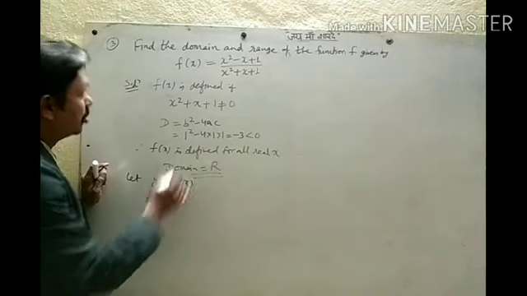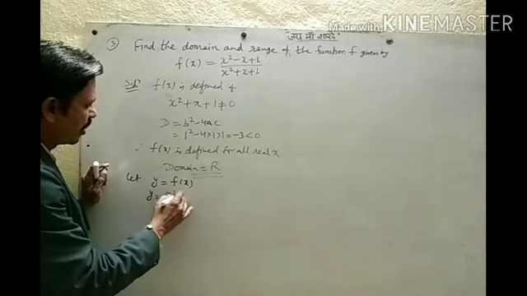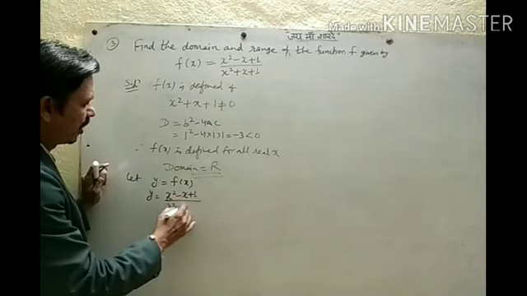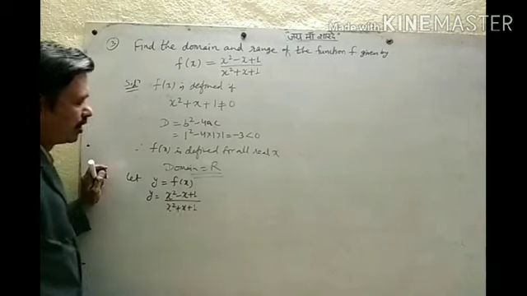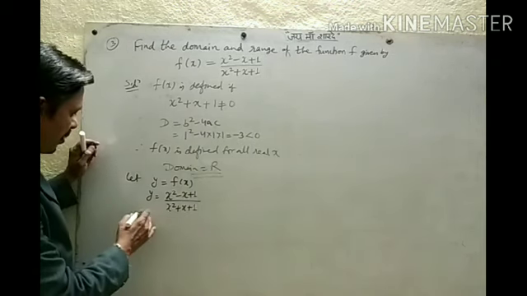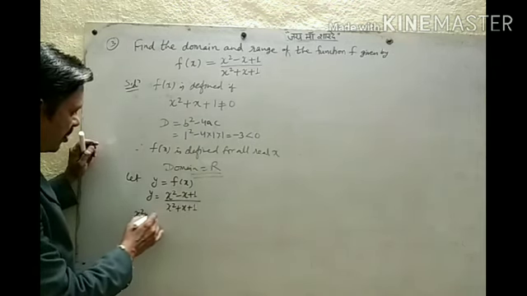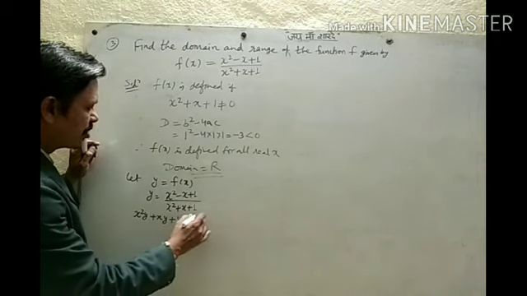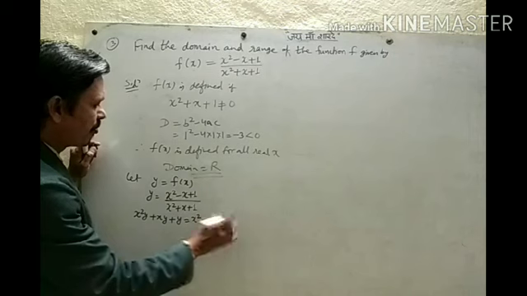So we get y equal to f of x, which is (x square minus x plus 1) upon (x square plus x plus 1). Now just cross multiply, then you get x square y plus xy plus y is equal to x square minus x plus 1.